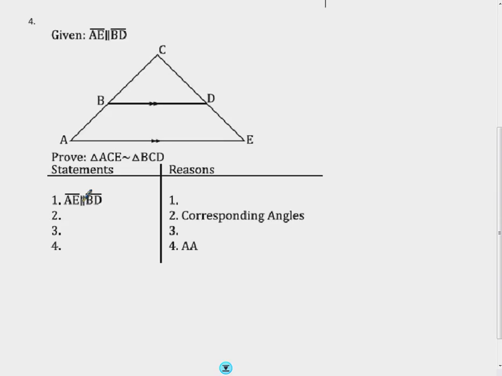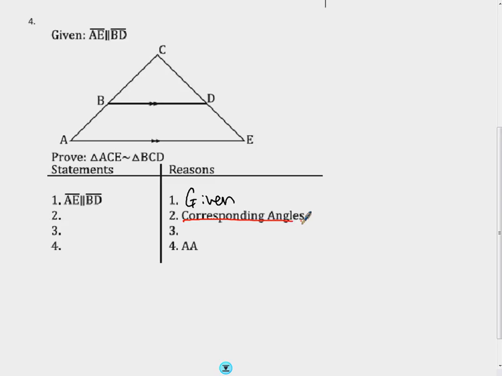Corresponding angles only show up when I have lines that are parallel to each other. So which lines are parallel? They tell me that BD is parallel to EA. So since those 2 lines are parallel, which 2 angles would be corresponding to each other? Angle BDC and angle E. Does anybody find another pair of angles that are corresponding?